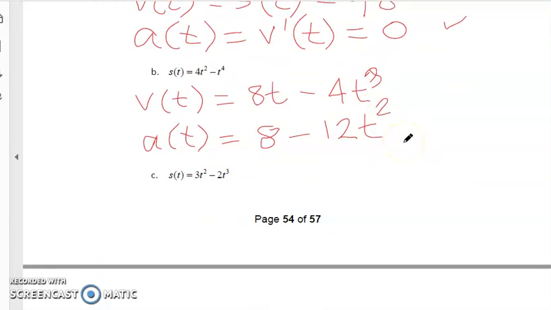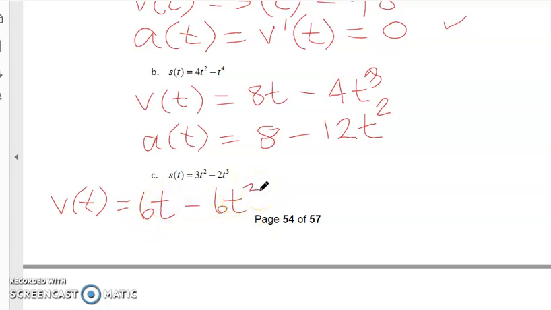The last one on that page, again, you're given a displacement function, s of t equals 3t squared minus 2t cubed. So your velocity function is only the derivative of that. So you're talking 6t minus 6t squared.